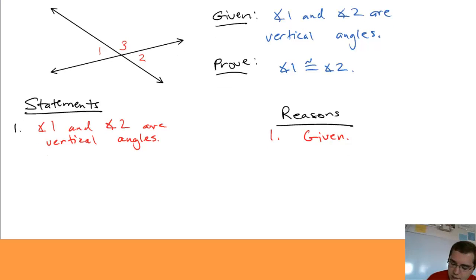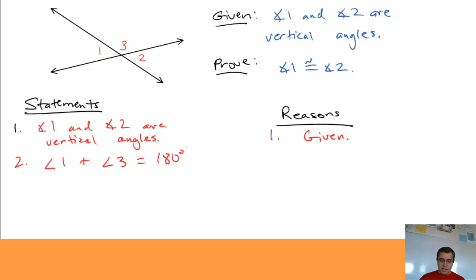Okay. Second statement. If we look at the picture, what do we know angle 1 plus angle 3 add up to? Since those two angles are adjacent to each other and together they form a straight angle with that line, those two angles have to add up to 180 degrees.